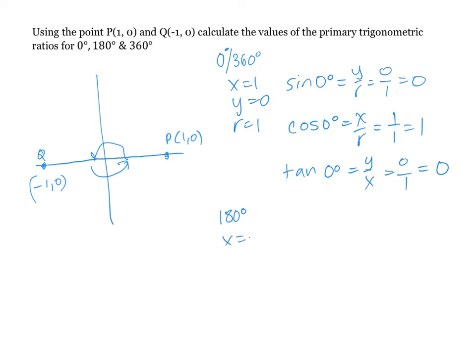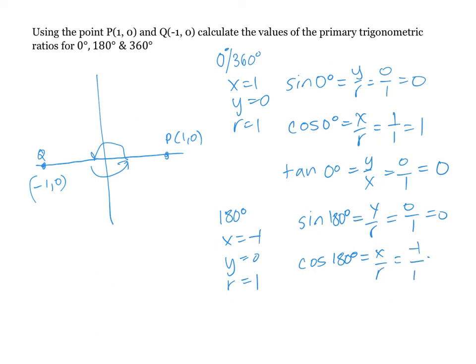We have x equals -1, y equals 0, and r equals 1. So sine of 180 degrees equals y over r, which is 0 over 1, or 0. Cosine of 180 degrees equals x over r, or -1 over 1, which is -1. And tan of 180 degrees equals y over x, which is 0 over -1, which is still 0.